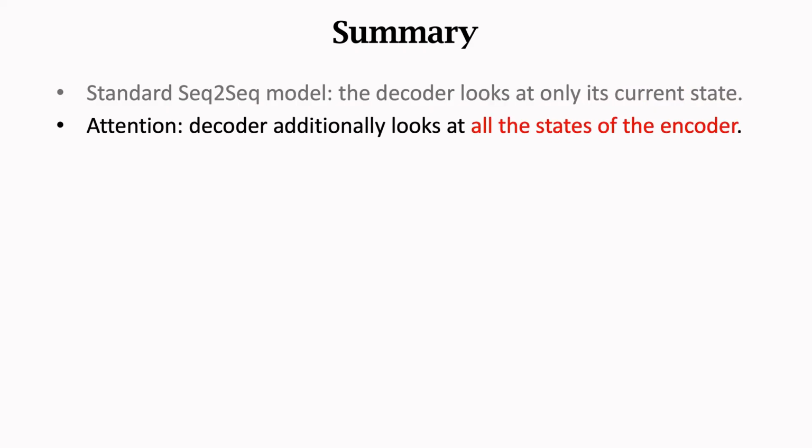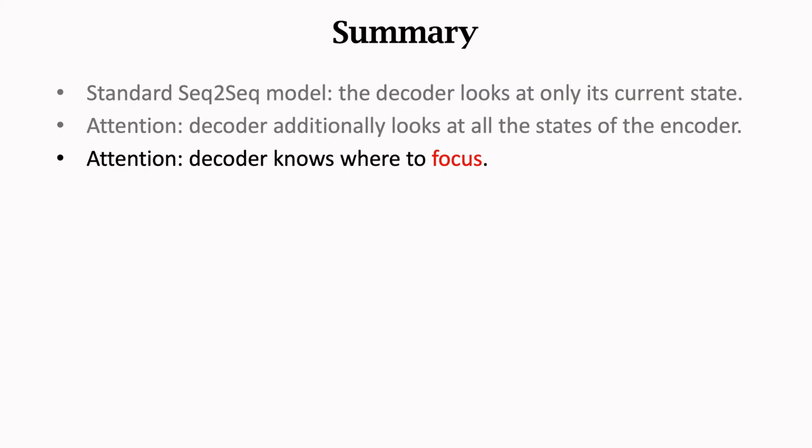Using attention, the decoder additionally looks at all the states of the encoder. The current state of the decoder is compared with all the states of the encoder. Using attention, the decoder has a better knowledge about the encoder's input sequence. Even if the decoder's previous state forgets something, the prediction can still be correct.